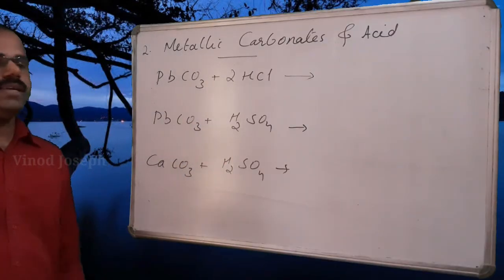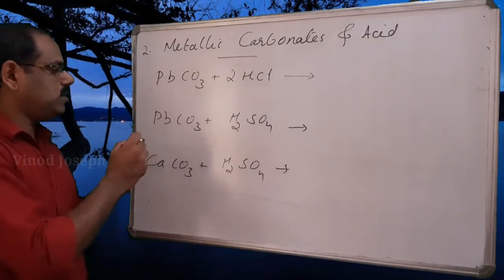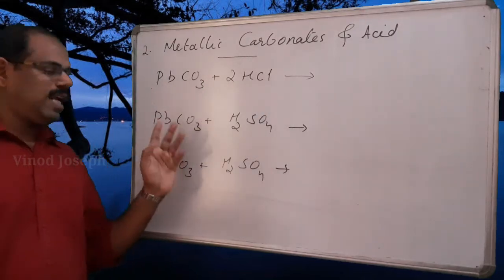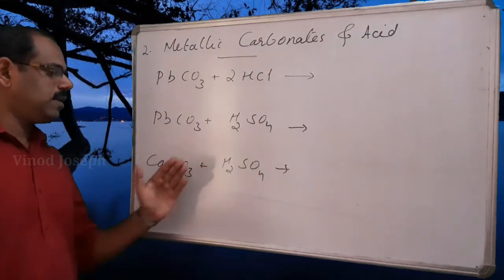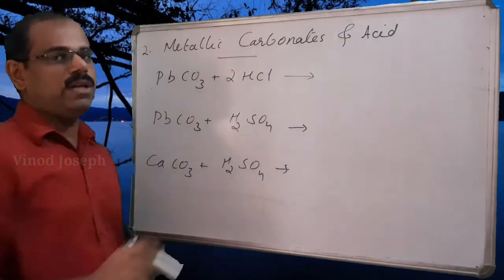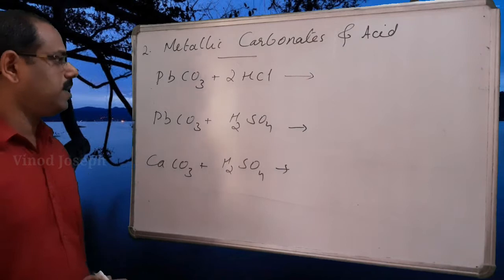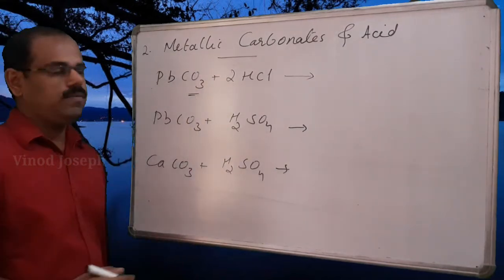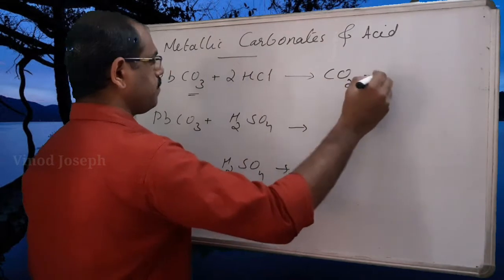See these metallic carbonates. We have lead carbonate and calcium carbonate: lead carbonate with hydrochloric acid, lead carbonate with sulfuric acid, and calcium carbonate with sulfuric acid. All the acids we use are dilute acids. As I told you, since it is a carbonate, we get carbon dioxide.